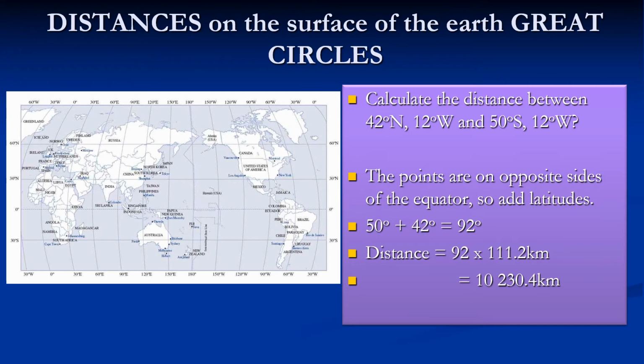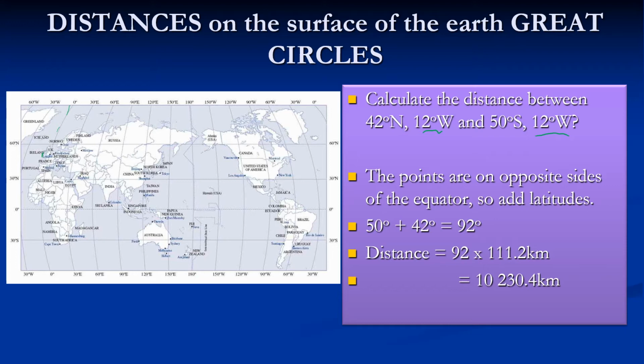What if we're travelling from 42 degrees north down to 50 degrees south? So we're still on the same meridian of longitude, so it's a great circle. So we're going to have to add those two distances together, because we're crossing the equator. So that's 0, so 12's got to be over here, perhaps about there, down to 50 degrees south.